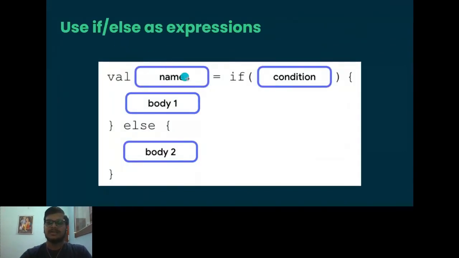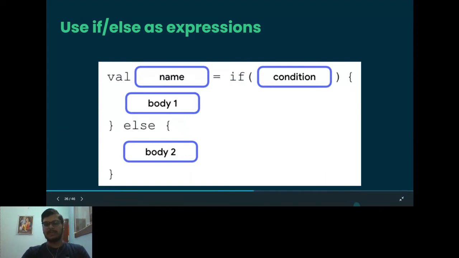We have used if else as statements. But sometimes we need to store that message. Like I have used the if condition, I have to store body one, body two in a variable. For that purpose, we can use if else statements as expressions also.